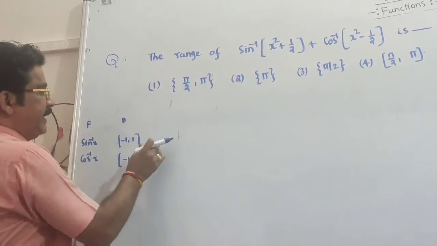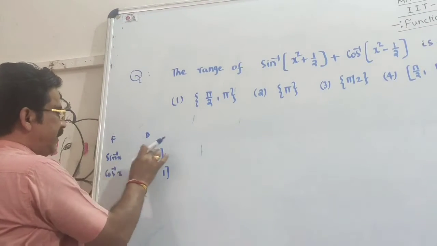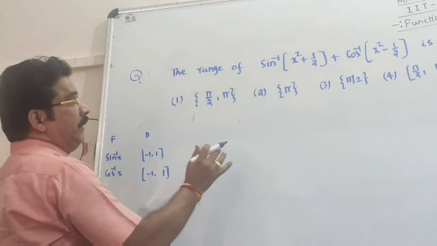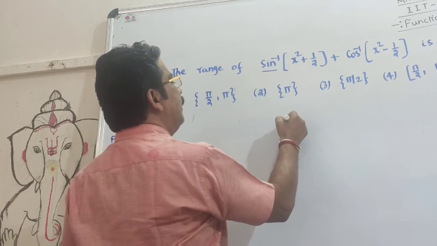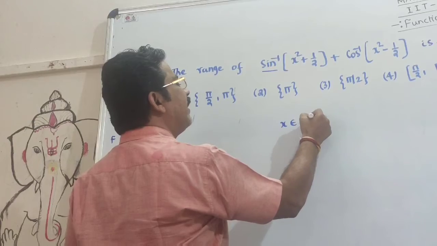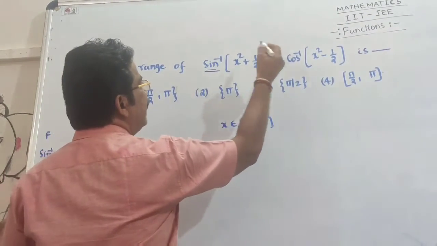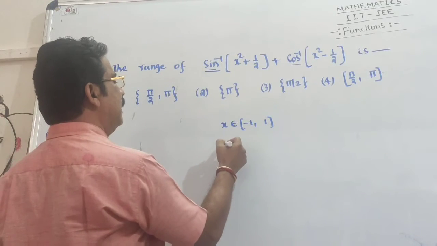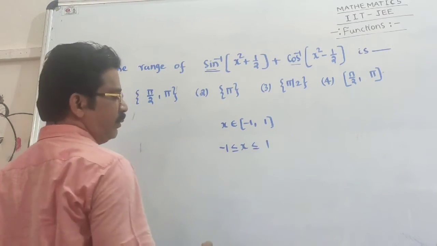We need not write here the range of sine inverse x, cos inverse x. Let it be, later we discuss. Next, here x belongs to the closed interval of minus 1 comma 1, this is the sine inverse and it is the cos inverse. So minus 1 less than or equal to x less than or equal to 1.